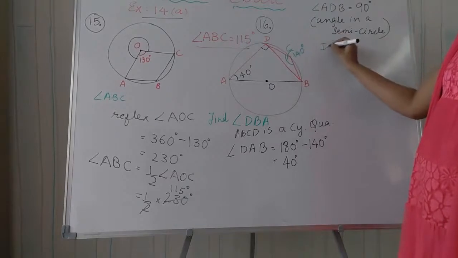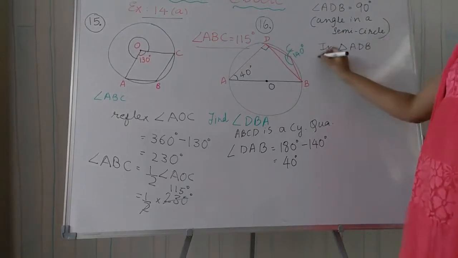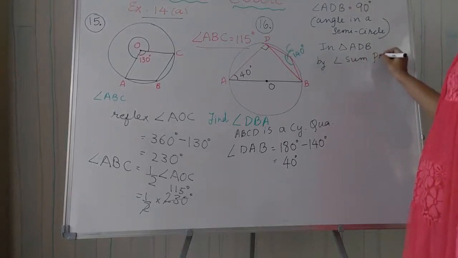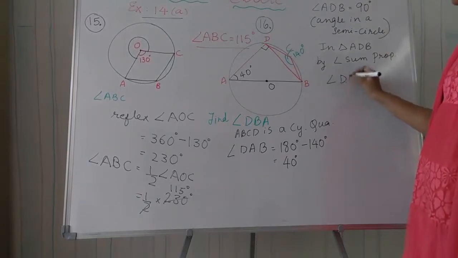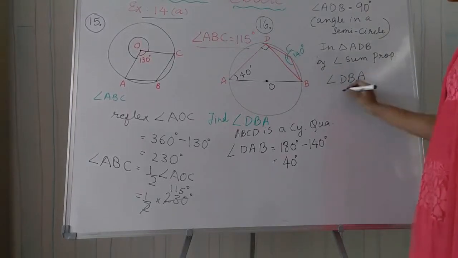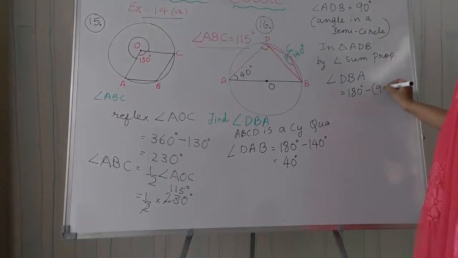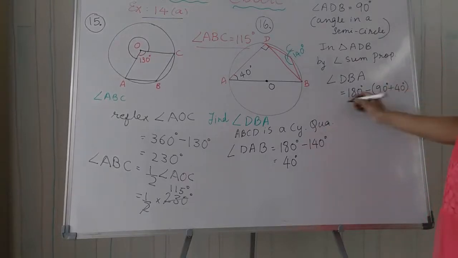So write, in triangle ADB, by angle sum property, we can find angle DBA is equal to 180 degrees minus (90 plus 40). You see, in a triangle, two angles are known to you. The third angle you can find using the angle sum property.